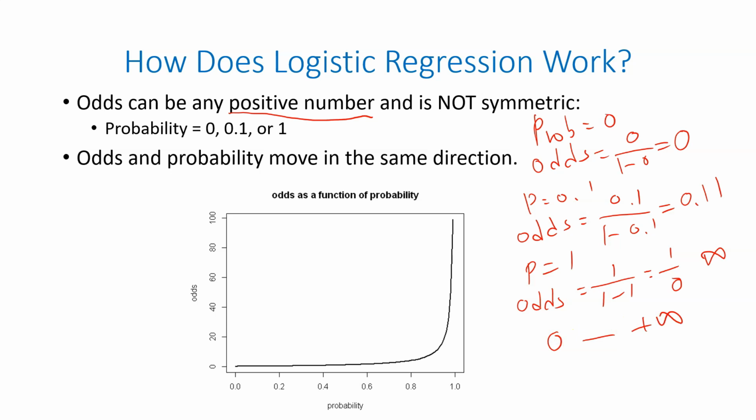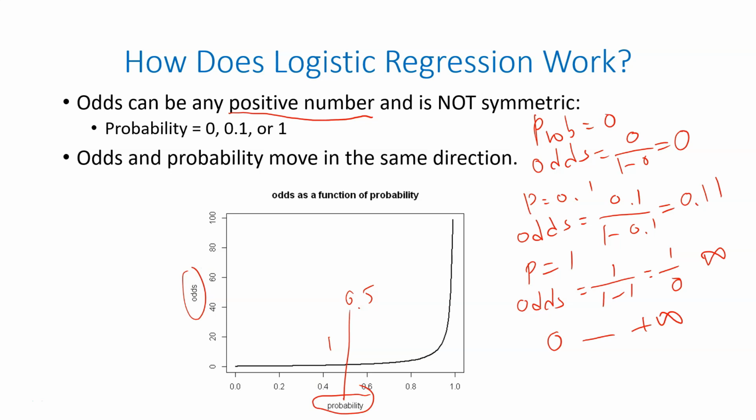And if you plot the odds values against their corresponding probability values, you will also find that odds values are not symmetric. You will find that when the probability value is at the middle, or 50%, the odds value is exactly 1. The chart on this slide shows the relationship between odds and the probability.